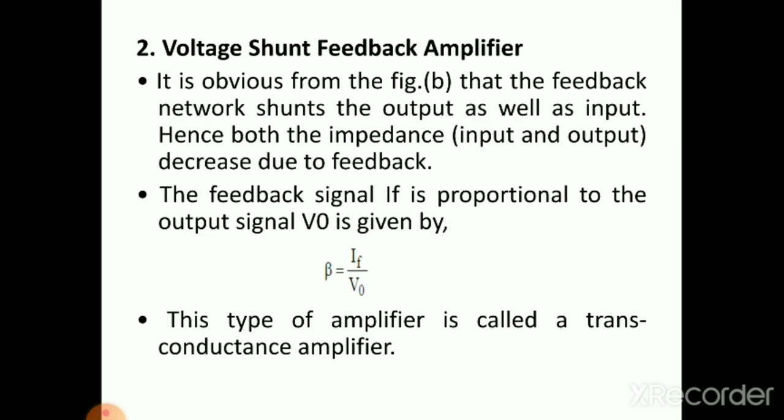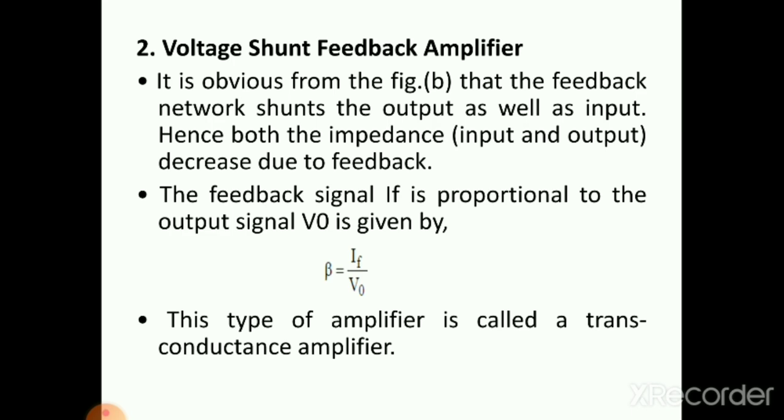Voltage sampling, in this case, we have to take the parallel connection from the output. So the parallel connection means the output impedance will decrease, and in the shunt connection at the mixer circuit, we get decreased input impedance.